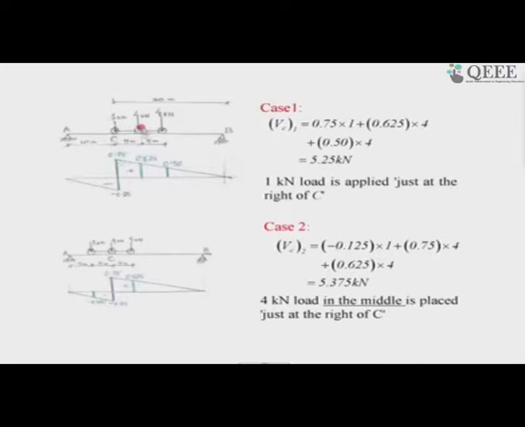Plus 0.625 into 4 kilonewton, giving 5.375 kilonewton. Please observe the changes in the ordinate: 0.75 to 0.125 is a tremendous loss, 0.625 to 0.75 is a gain, and this is also a gain.